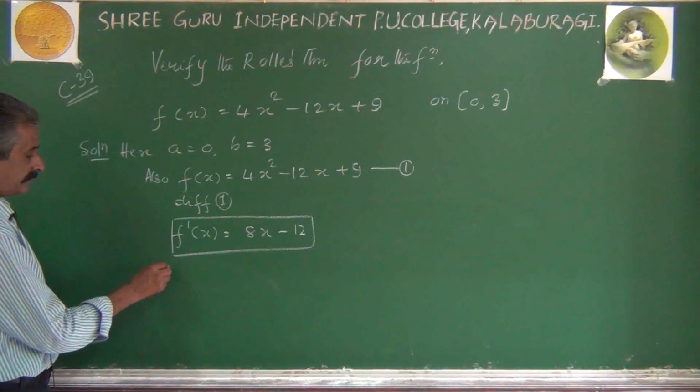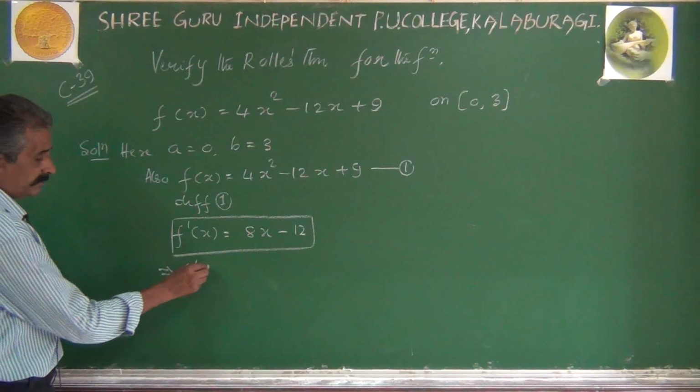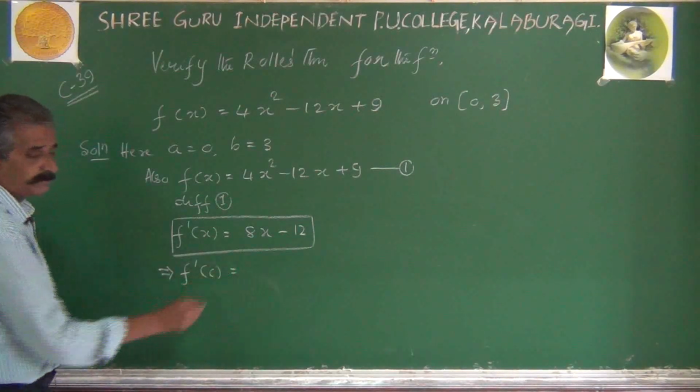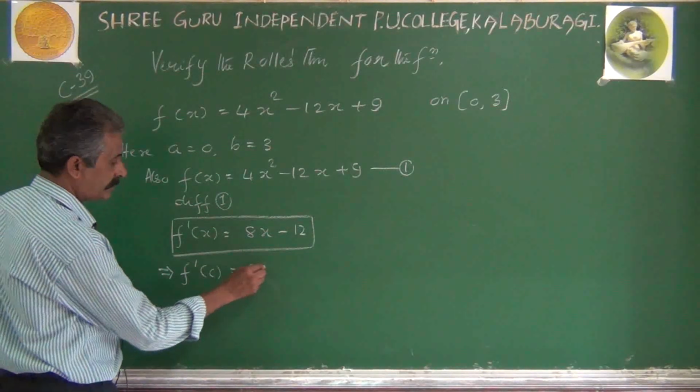Which also implies that f dash of c, replacing x by c, is 8c minus 12.